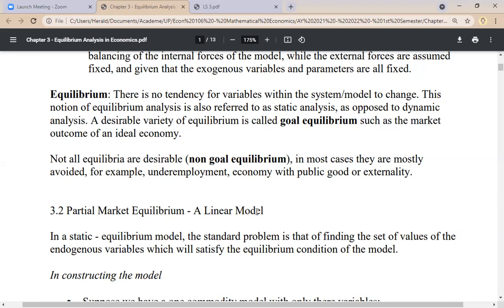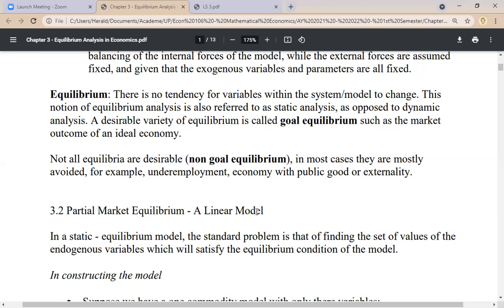Example, the basic supply and demand model. If we solve for the equilibrium value of that model, we arrive at a solution, an equilibrium price and equilibrium quantity, that are ideal for both buyers and sellers.